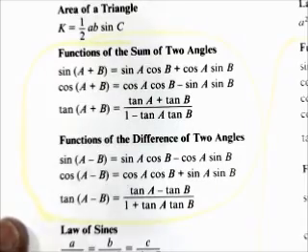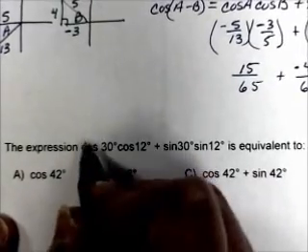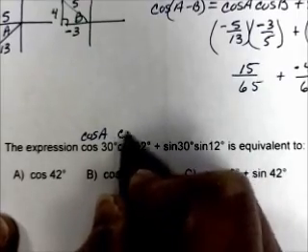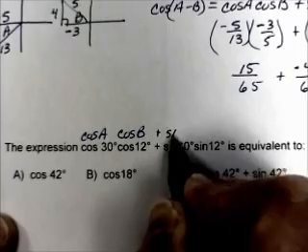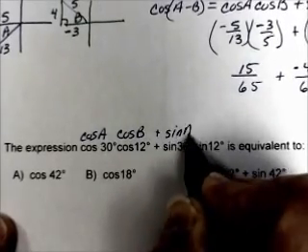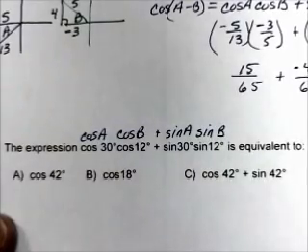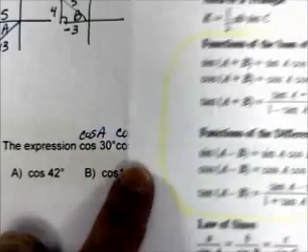So this matches which right-hand side? Well, cosine 30, this would be cosine A, cosine 12, cosine B, plus sine of 30 times the sine of B.